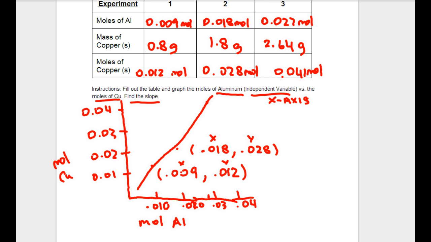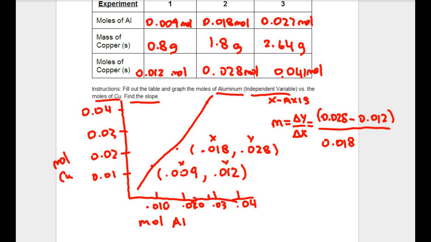So in order to find slope, which is m, that is the change in y over change in x, or rise over run. So this would be 0.028 minus 0.012 divided by 0.018 minus 0.009.